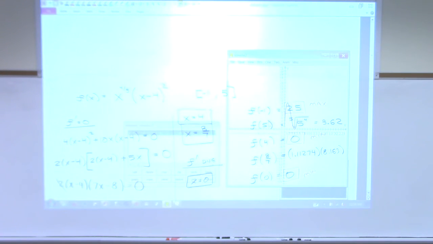No, it's -1. There's an actual problem with the computer itself. It's having trouble with that. So let me just change something in here. X to the 4th raised to the 1/5. There we go.